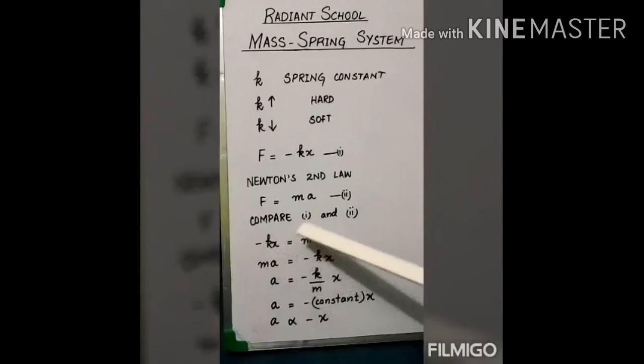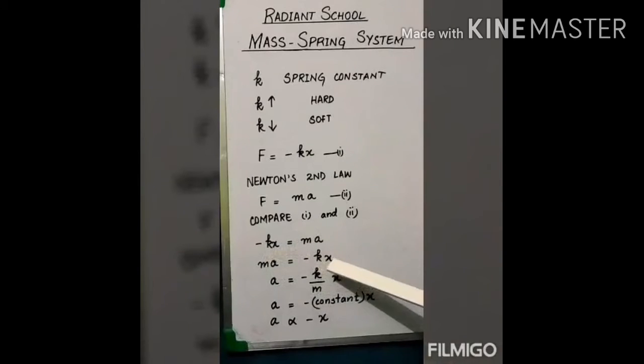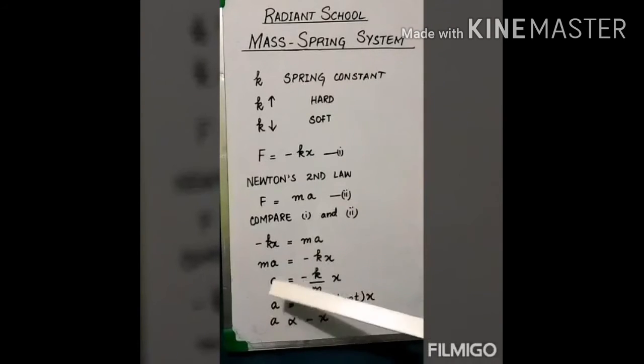I change the places: I take ma on the left side and minus Kx onto the right side of the equation. It will not have any impact on the meaning or the value of the equation. Now take this m to the other side and write it in the denominator of k.